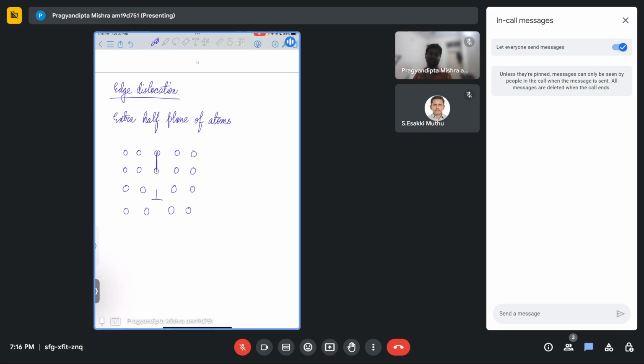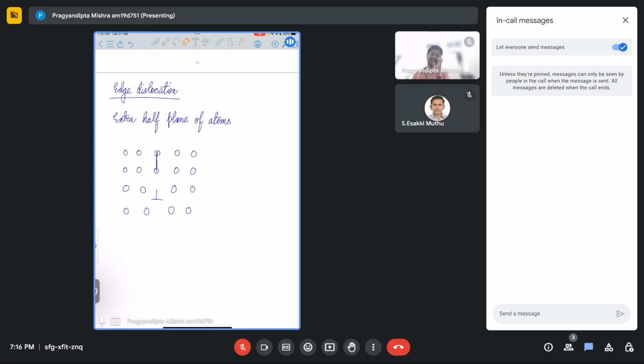Okay, so edge dislocation is represented by this T or the reverse T symbol. What we can say is in edge dislocation, we have an extra half plane of atoms. But if you're seeing it in 2D, you will say that it is an extra line, not an extra half plane, but a line.